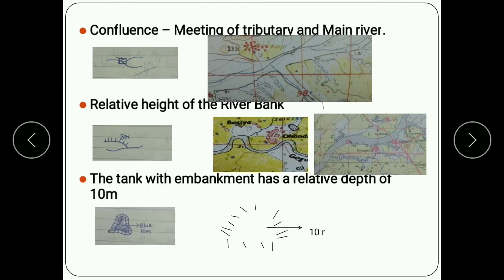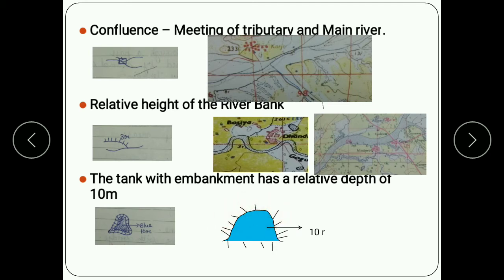Tanks are depicted on the topographical map in this way. In a topographical map, if the tank is perennial, that means it has water filled in it. So we will consider its relative depth, not height, because even if the embankment is there, we will consider its depth.